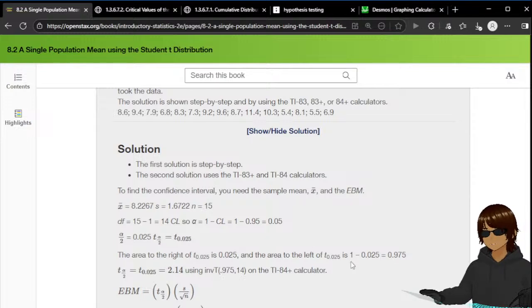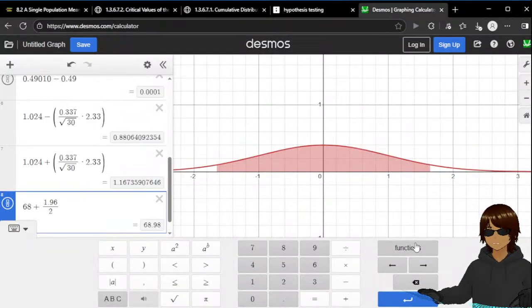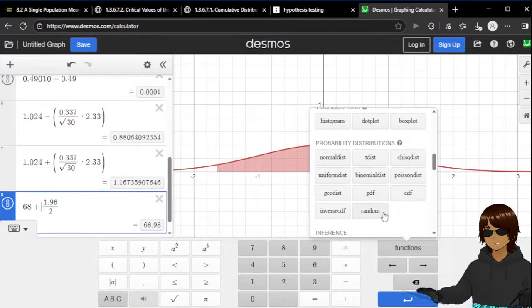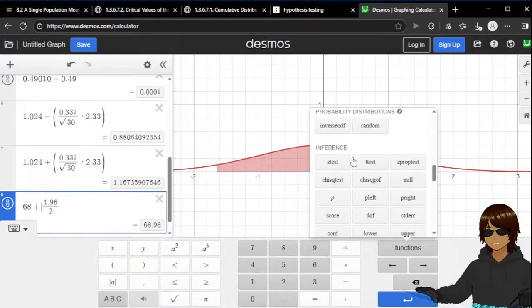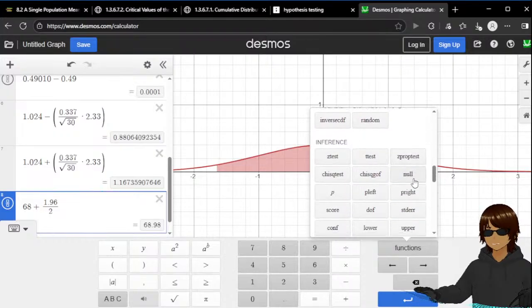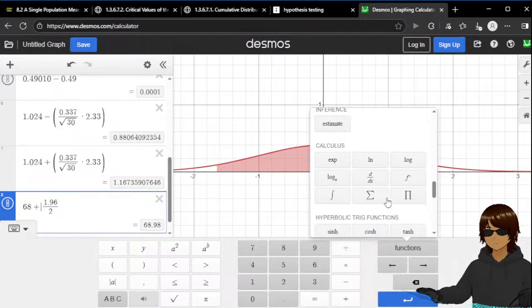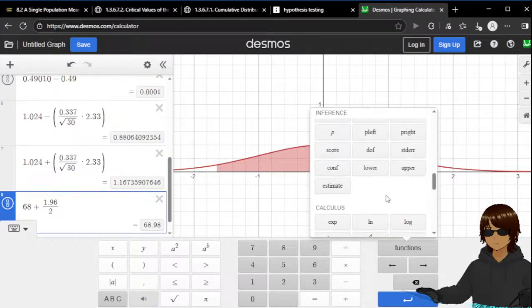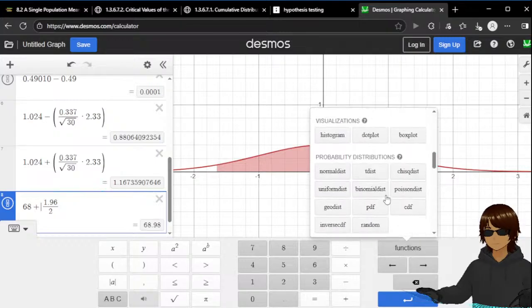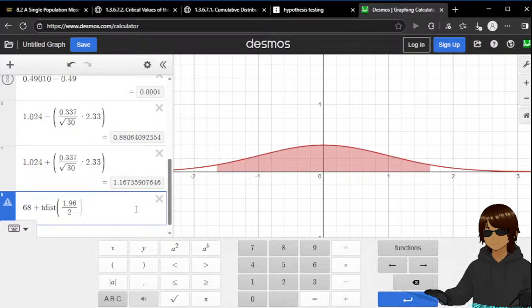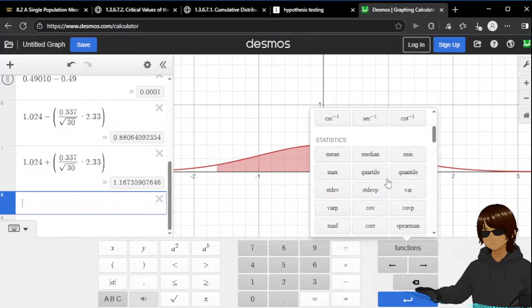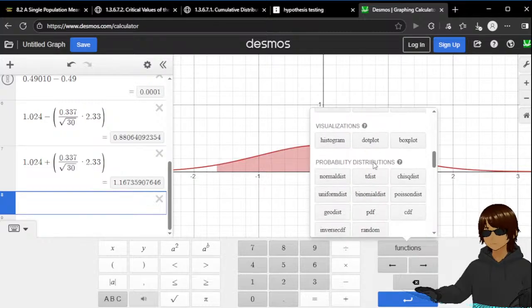Area to the left is this. Is there an inverse T calculator? Inverse CDF. T distribution.